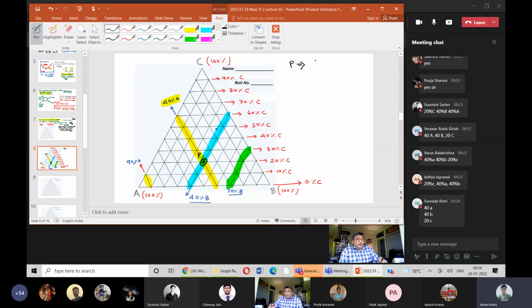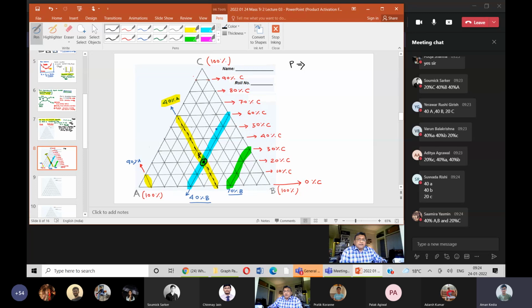But for everyone, if there is anyone who is a fool like I was at your age, please have a look that this point P lies on this particular line, which is 40% A. It also lies on this particular line, which is 40% B. Don't get carried away.